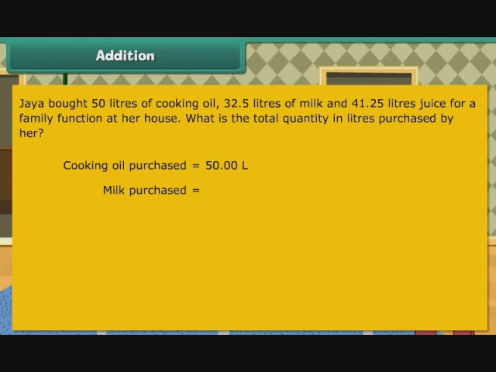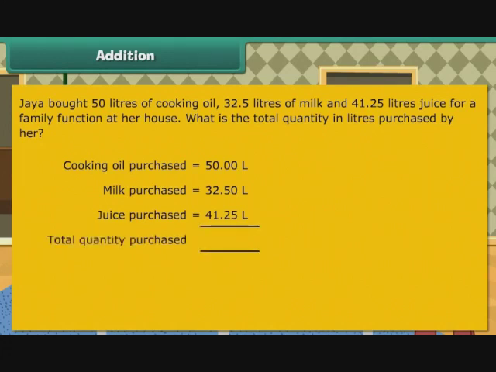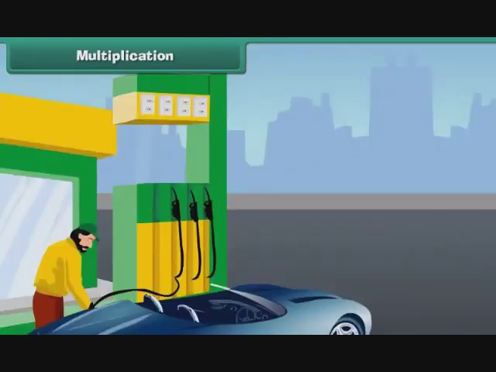Milk purchased is 32.50 liters. Juice purchased is 41.25 liters. We add the three to get the total quantity purchased as 123.75 liters. Jaya purchased a total quantity of 123.75 liters.